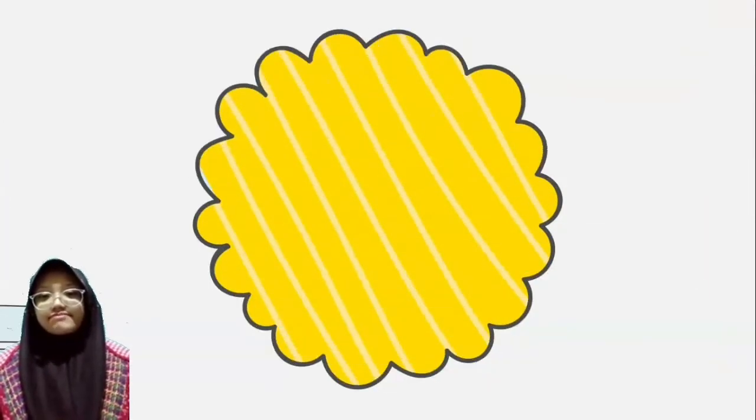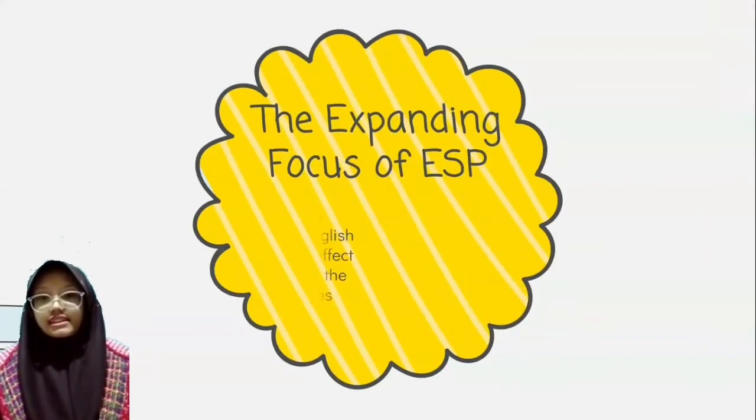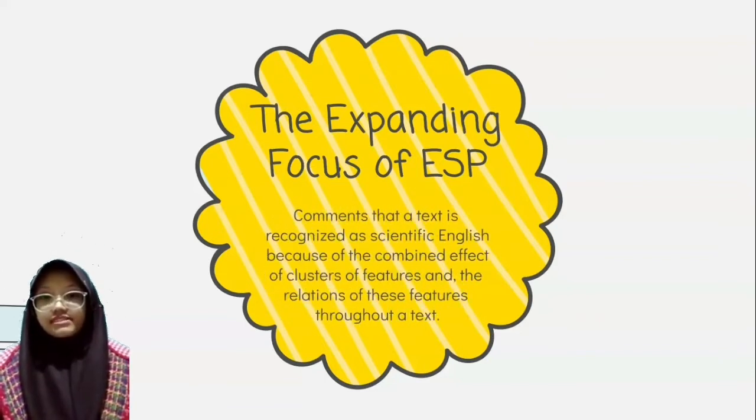The expanding focus of ESP. Halliday in 1993 comments that a text is recognized as scientific English because of the combined effect of clusters of features and, importantly, the relations of these features through a text.